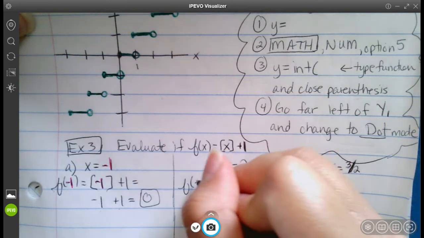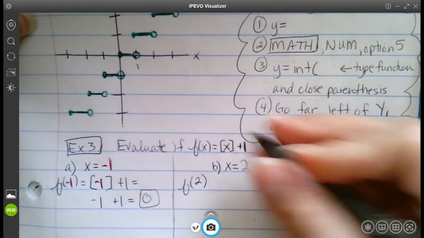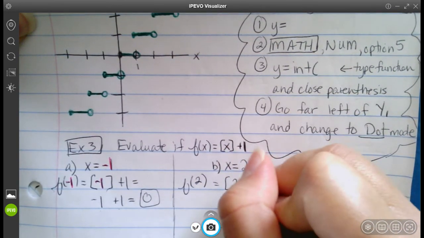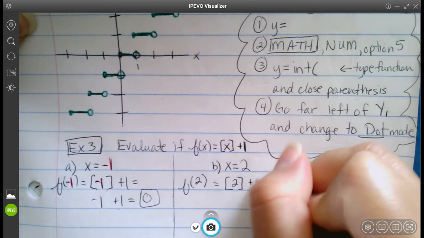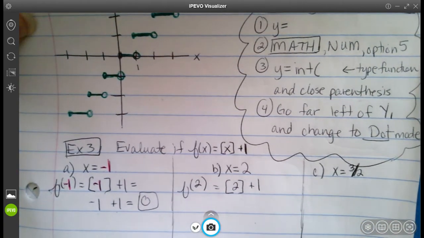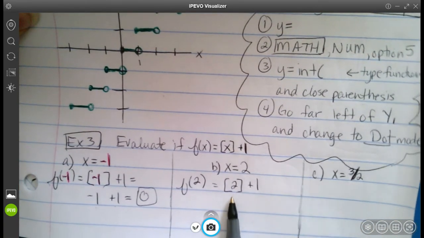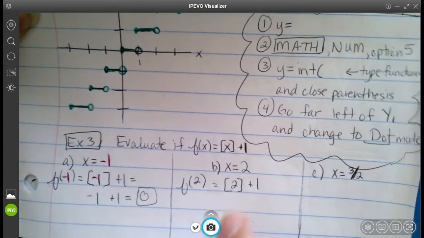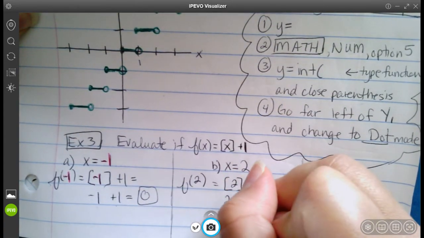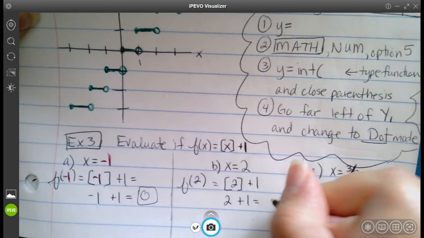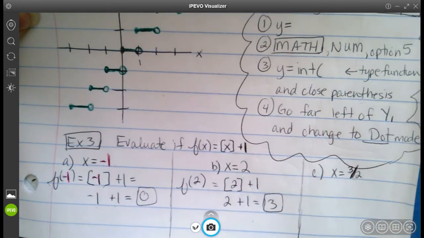So f of 2 is equal to the step function of 2 plus 1, okay? And again, this one is already a whole number for us, so the step of 2 is just 2. Bring down the 1, 2 plus 1 is 3, okay?